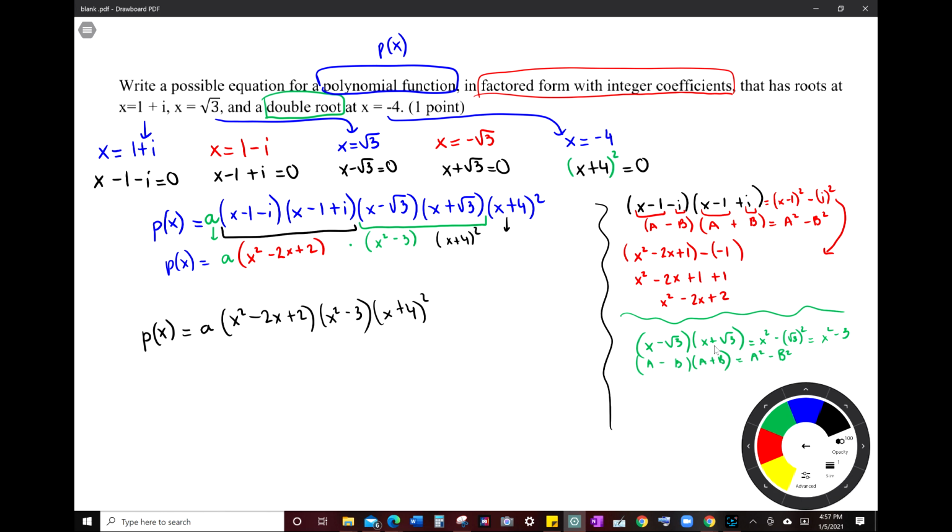Okay, so now we have a possible equation for a polynomial function in factor form with integer coefficients. Alright, hopefully this video helps you guys understand a little bit more, and you can work on this on your own.